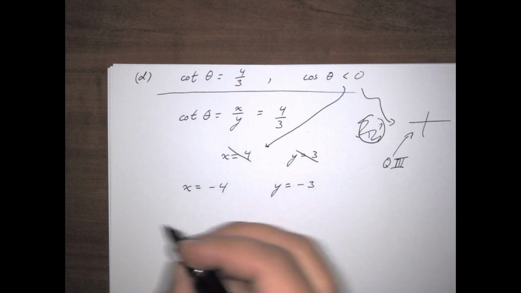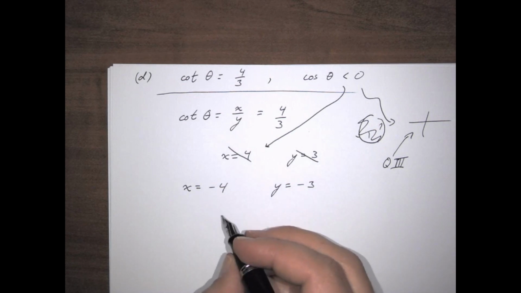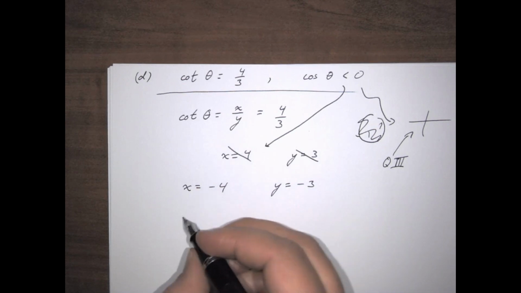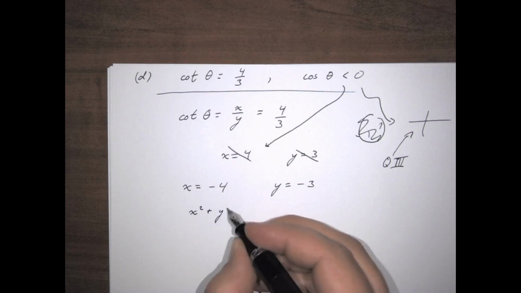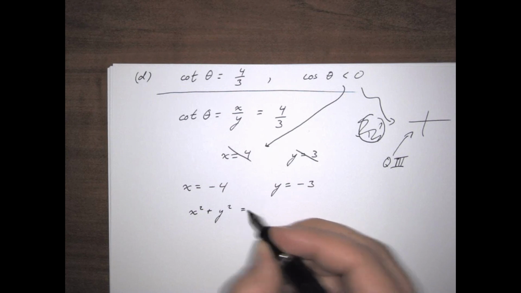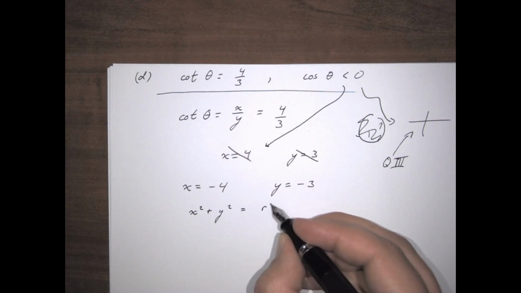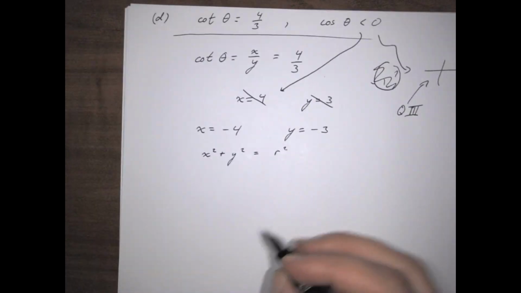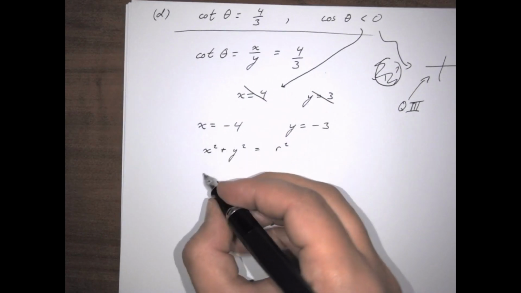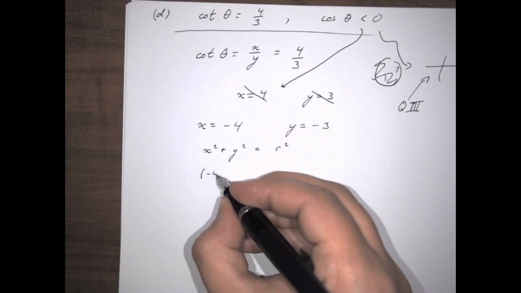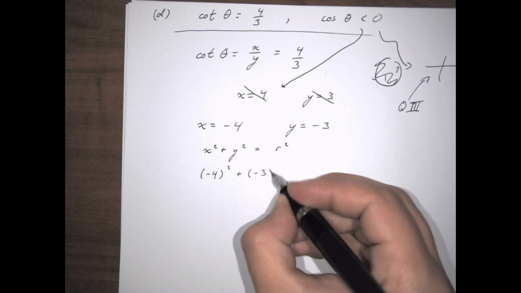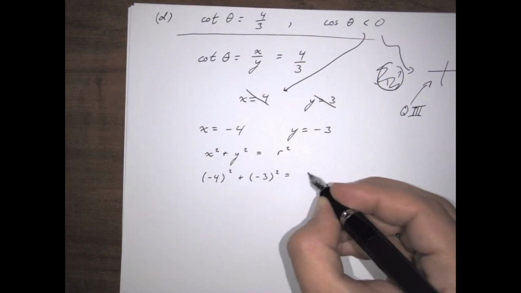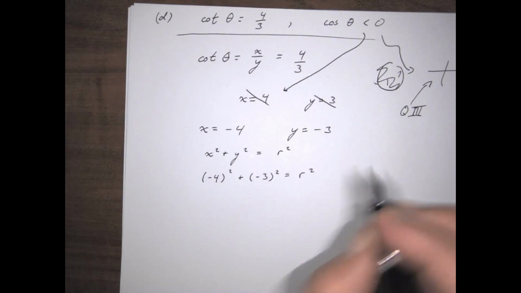And alternatively, if you have a negative value for the cotangent, then you have to consider, again, what quadrant you're in. So if x equals negative 4 and y equals negative 3, then what about the Pythagorean theorem? How is that going to play out? So x squared plus y squared equals r squared, fundamental fact, now and forever. So this is equal to negative 4 squared plus negative 3 squared, and that's equal to the mystery r squared.